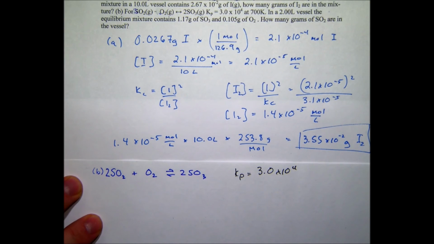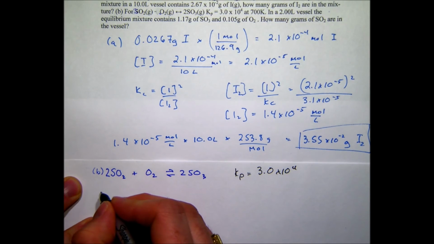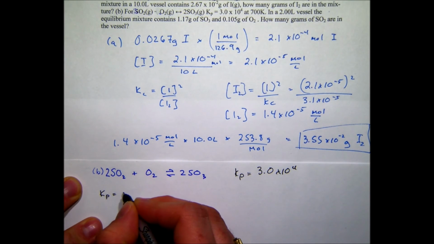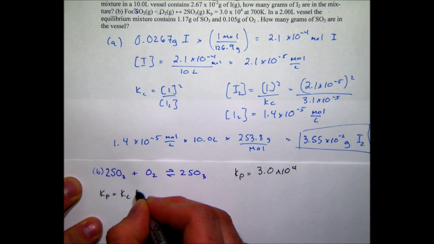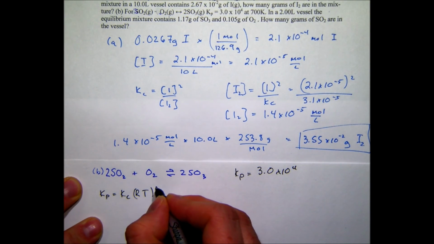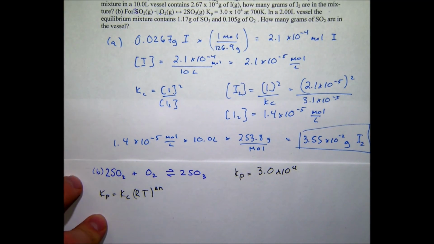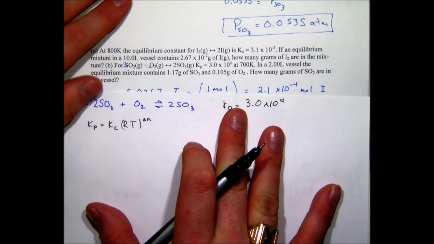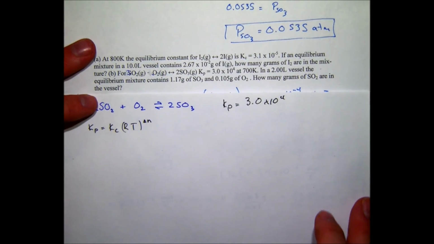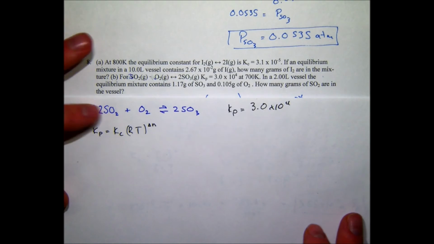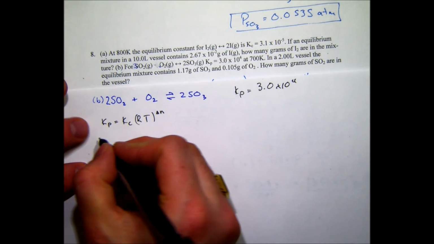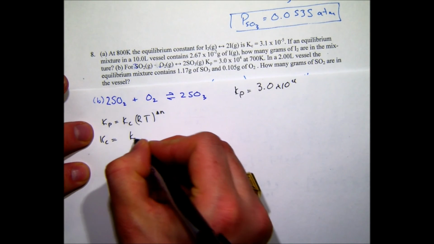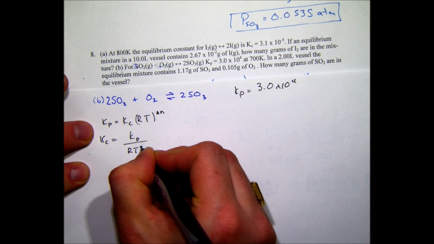So the easiest thing to do is to convert Kp to Kc. Kp is equal to Kc times RT to the delta n. So Kc is equal to Kp over RT to the delta n.